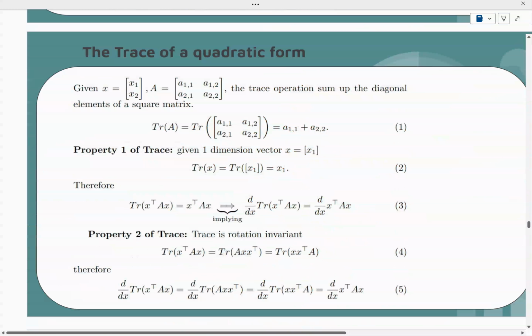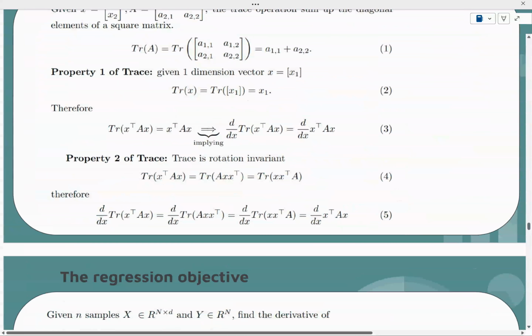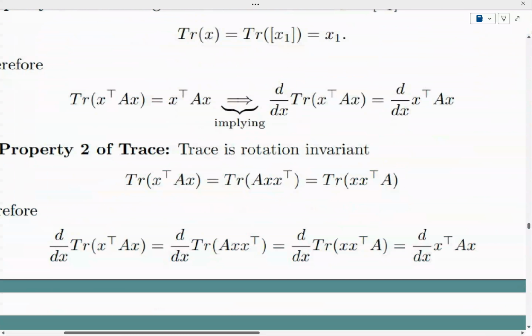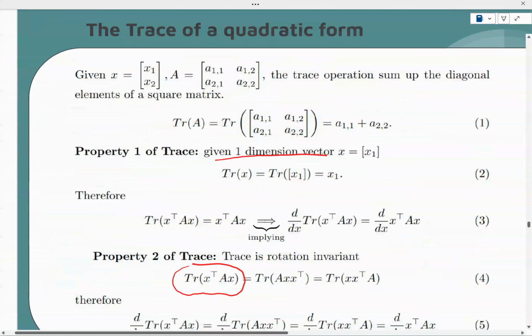Okay, trace of quadratic form. The interesting thing that I want to show you here is that the trace of a one-dimensional vector is simply itself. Remember, trace of a matrix is you add up the diagonal. However, if you only have one element, like 5, then the trace of that element is simply 5.